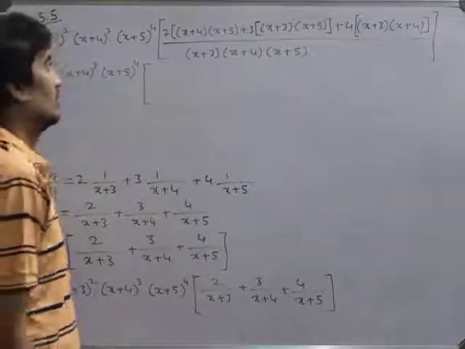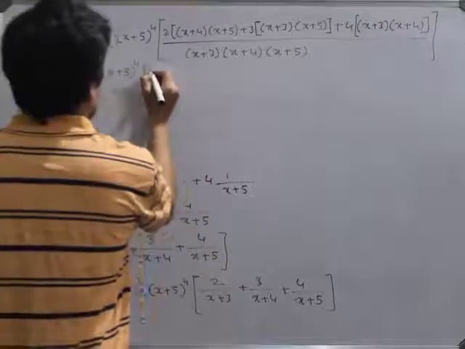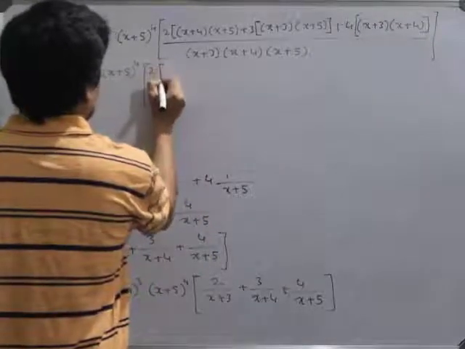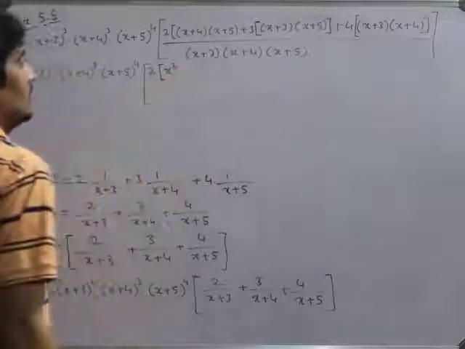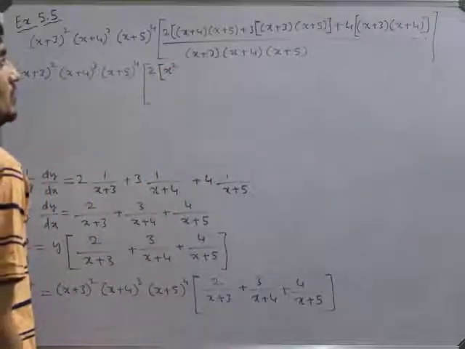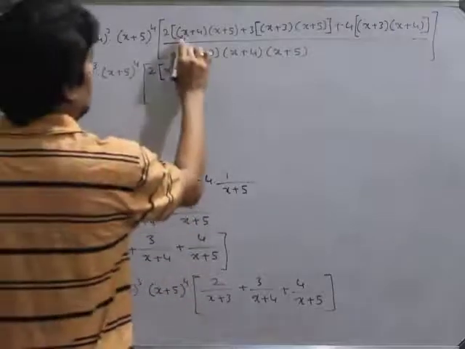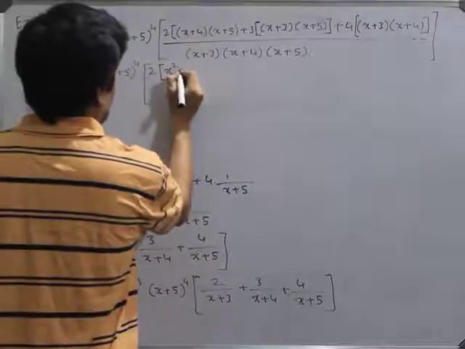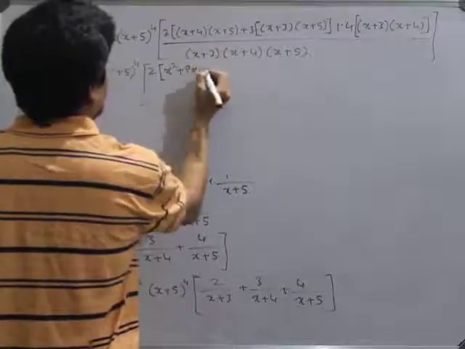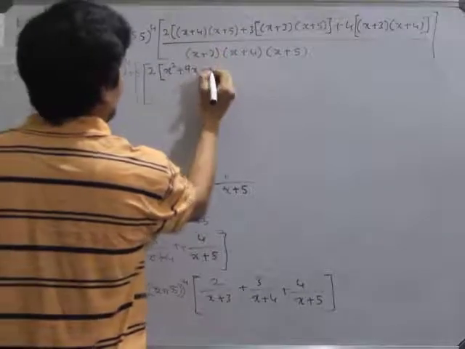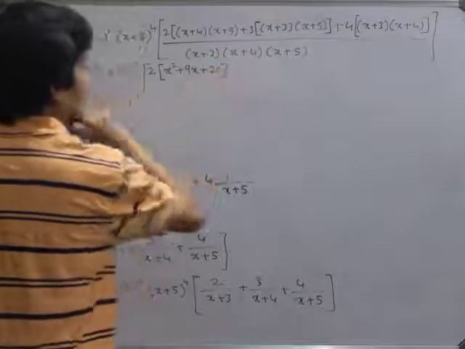That is the formula. 2 into, so x into x is x^2 plus (a+b) times x. So a plus b, what will you get? 9x plus ab, 4 into 5 is 20. So the first term is solved.